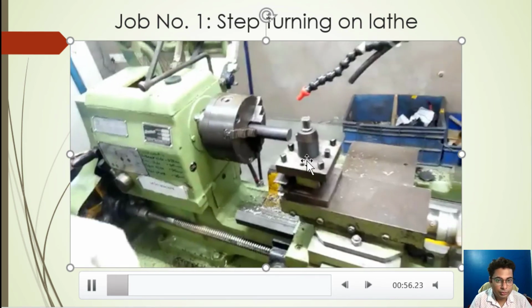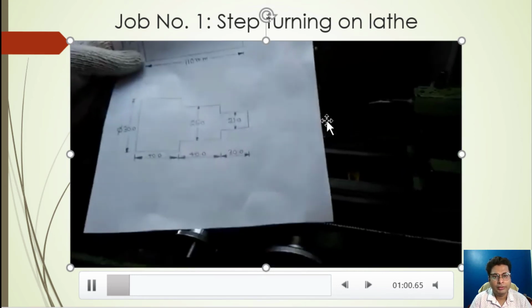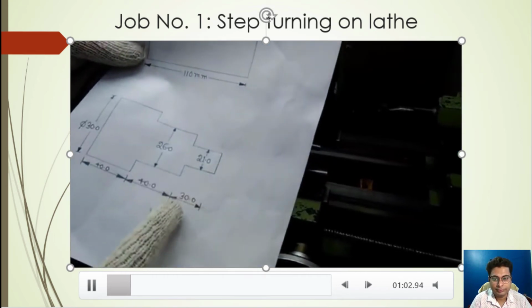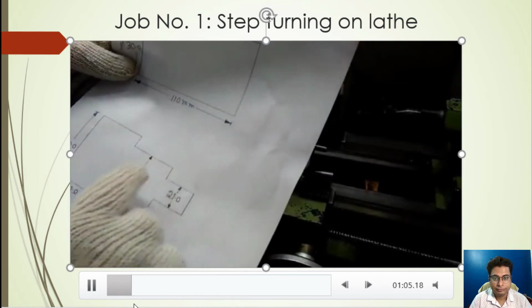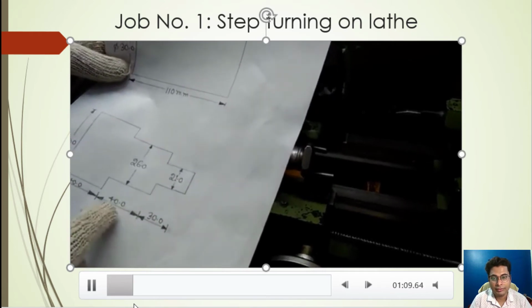This is the tool post. This is the hose from where we can give cutting fluid. See, these are the job dimensions given over here.